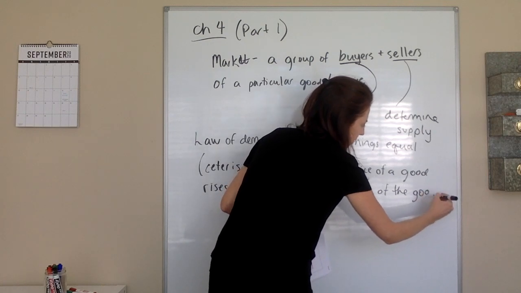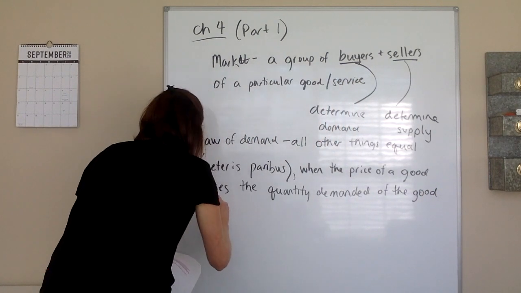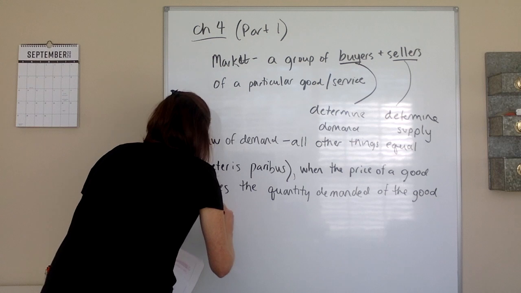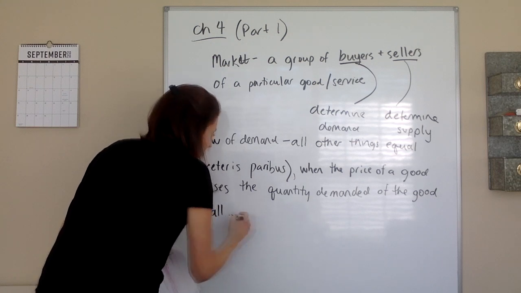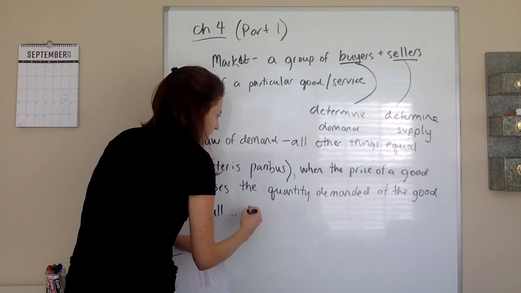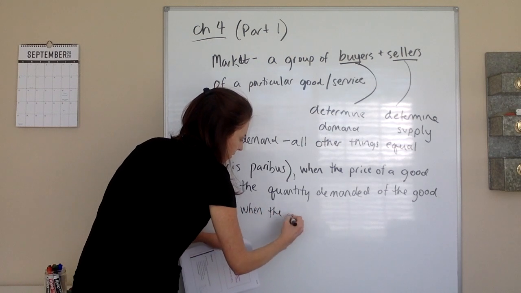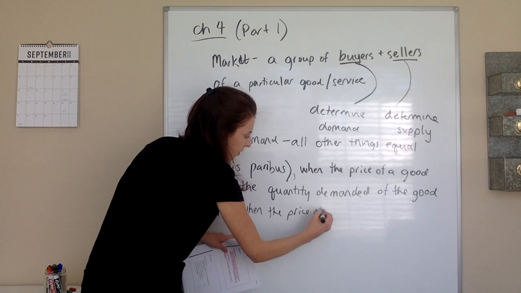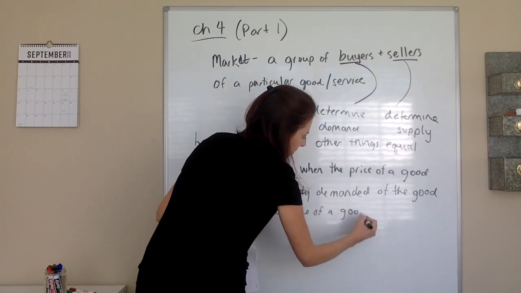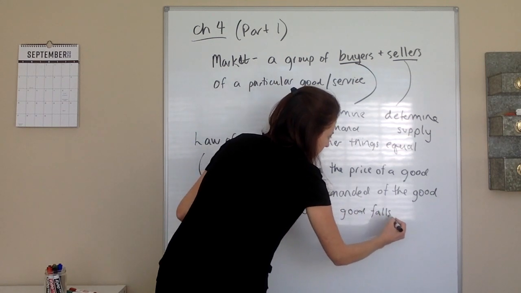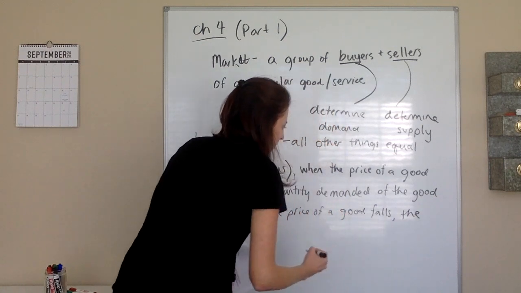Again, we're looking at a particular good's market. And it also works in reverse. When the price of a good falls, the quantity demanded of the good rises.